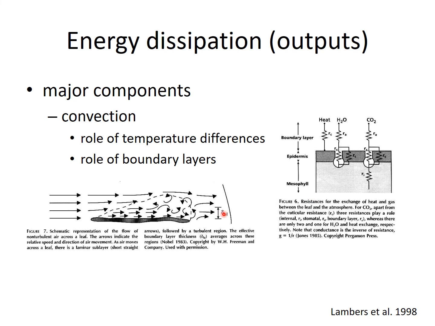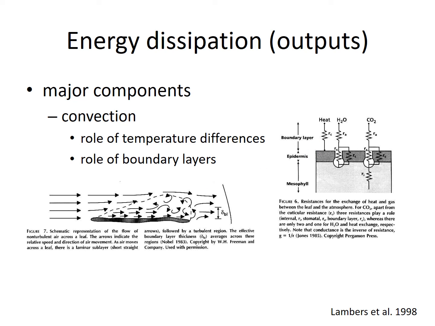You can almost think about the boundary layer, this layer of still air along the surface of a leaf, as a blanket that insulates that leaf from the convective loss of energy to the air around it. In this case, the boundary layer resistance is indicated by this resistance term, resistance to loss of heat from the leaf.